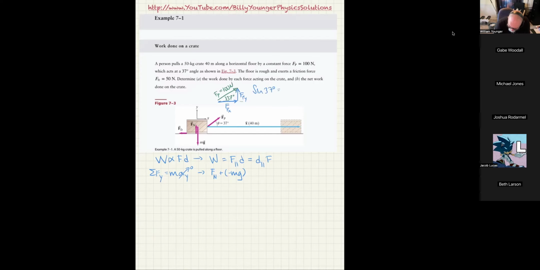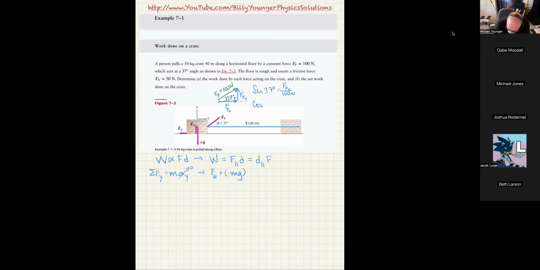And remember, the hypotenuse is the one that the little right angle sign looks like an arrow pointing towards. So opposite would be FPY, and the hypotenuse would be 100 newtons.